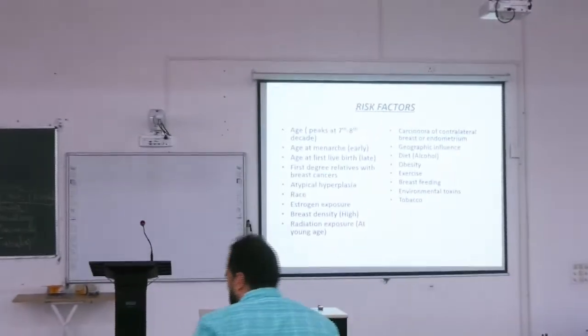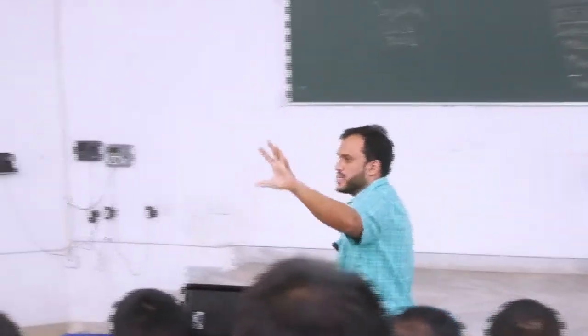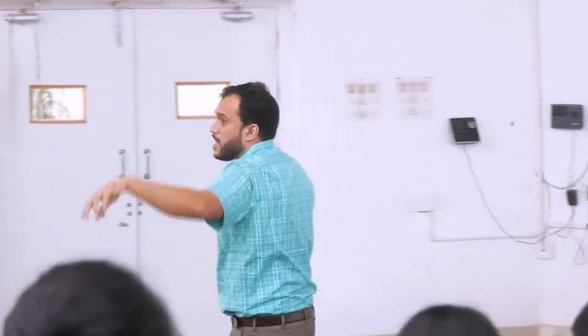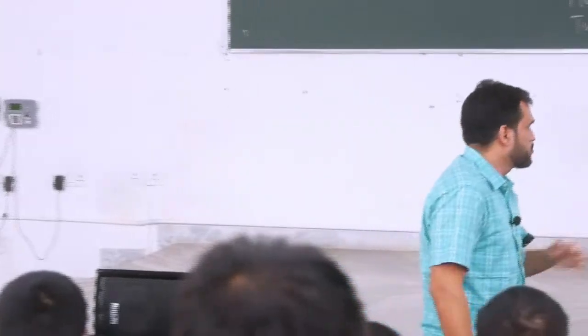Coming to atypical hyperplasia. Atypical hyperplasia means, how many layers are there in the breast? Normally one layer of luminal cells and below it a myoepithelial cell. But when there is hyperplasia, more than 3-4 layers, there's proliferation of the cells and they undergo atypical changes.